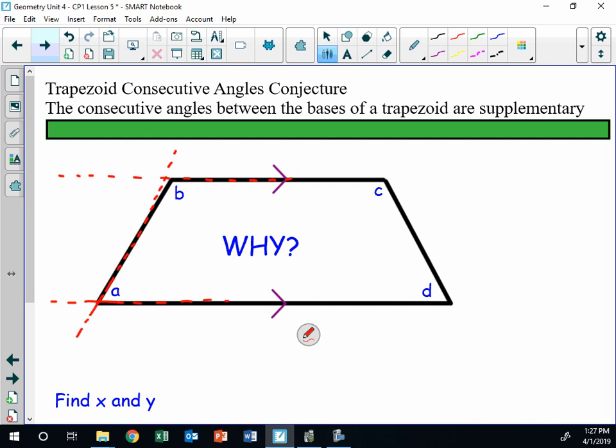Whenever we have a transversal intersecting parallel lines, there are only two possible angle measures in this entire picture. We can see based on vertical angles that we would have to have B in both places, A in both places, and then we can look at corresponding angles and alternate interior angles, and we can see that every angle in this picture is either a B or an A.